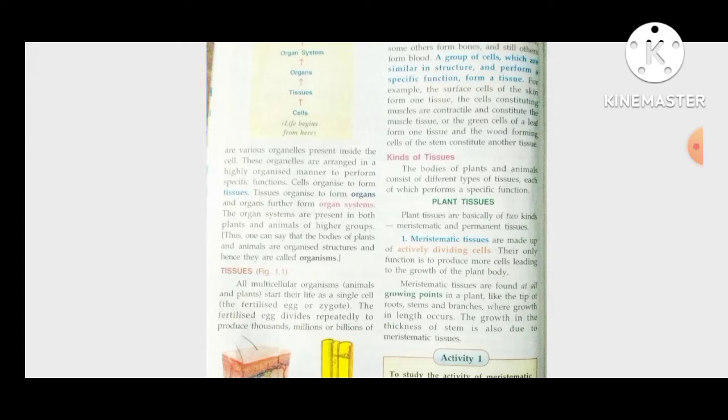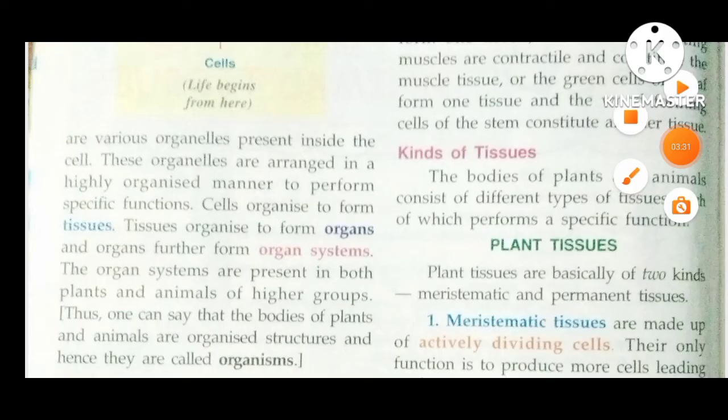Cells are organized to form tissues, tissues are organized to form organs, and organs further form organ systems.